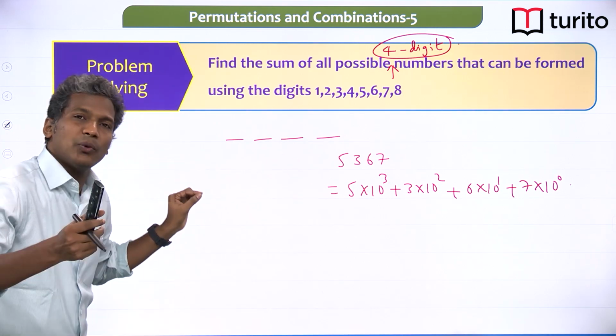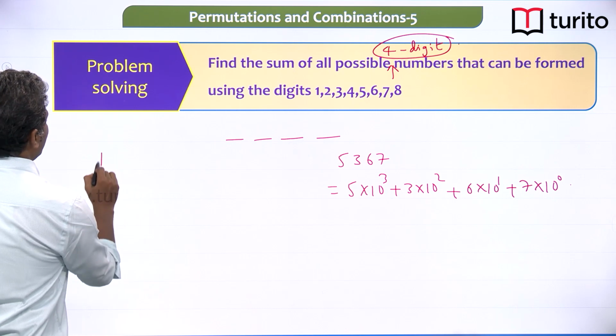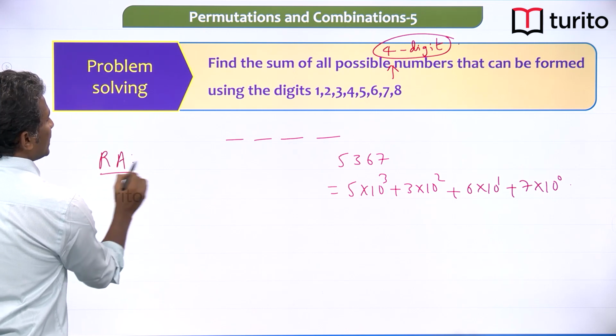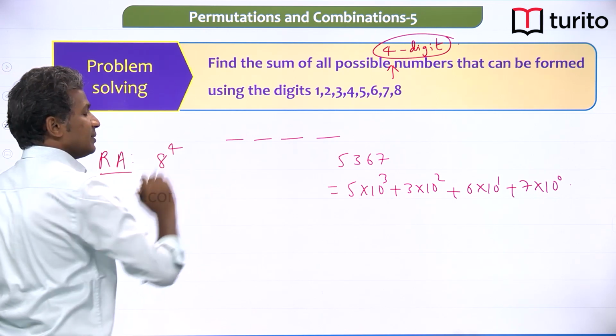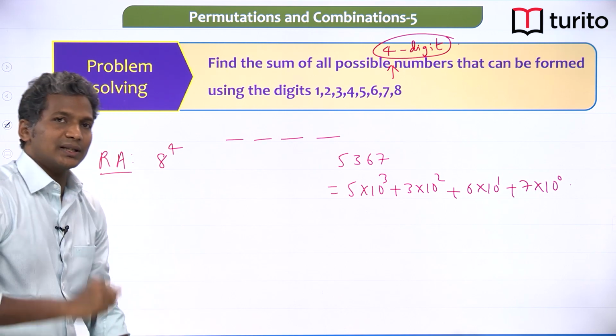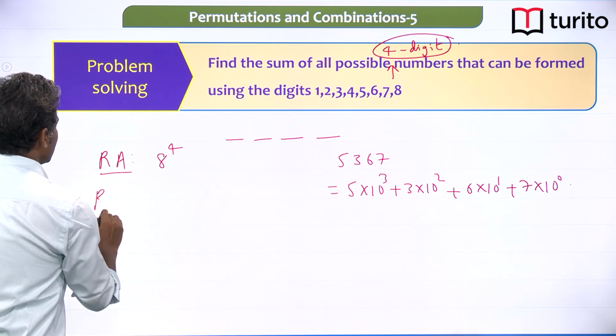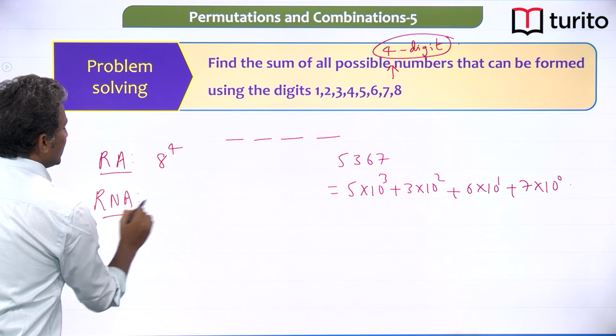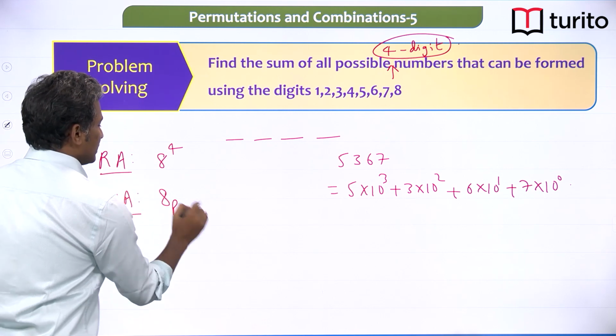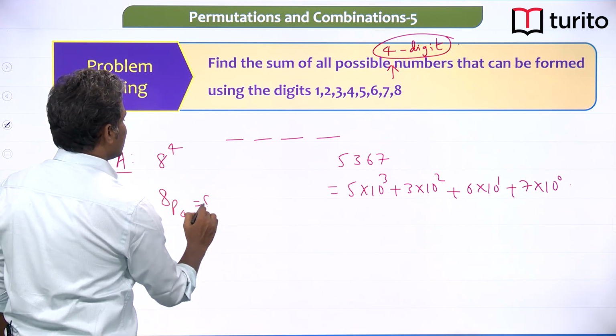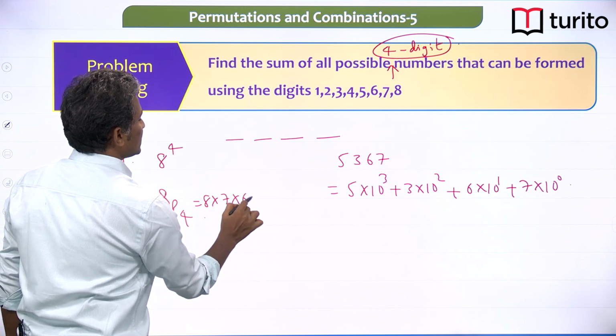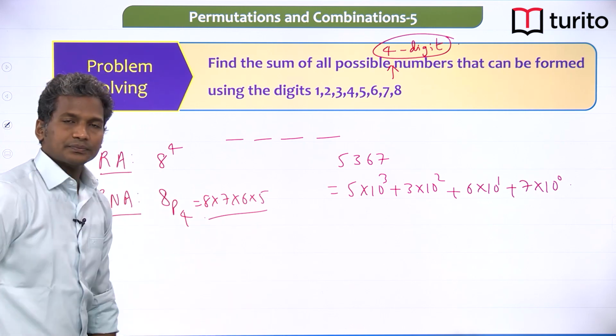Now if you check the possibilities, if repetition is allowed, there are 8 raised to 4 numbers, and if repetition is not allowed, then 8P4 possibilities are there, or we can also write it as 8 into 7 into 6 into 5, okay.